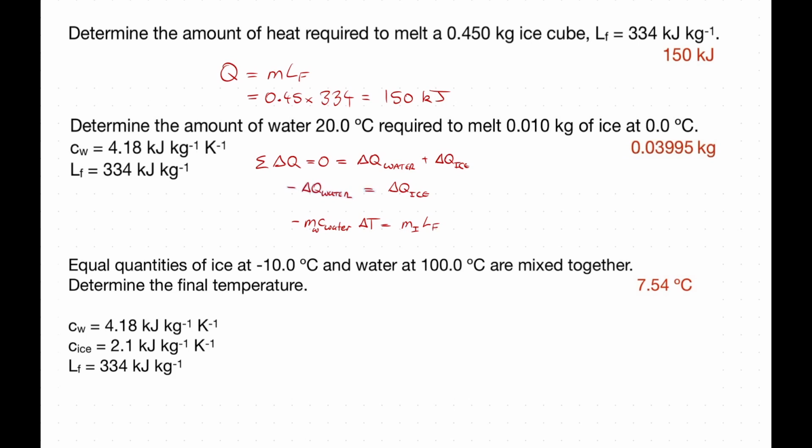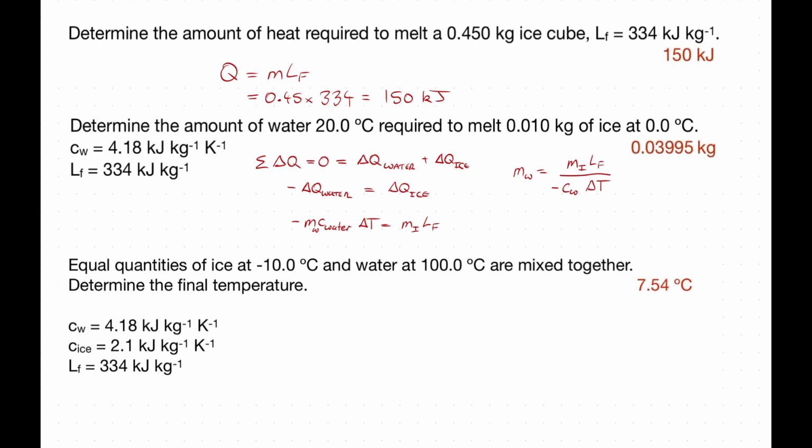We're determining the mass of water involved, so we're after the mass of water. So we can say that the mass of water is going to be equal to our mass of ice times the latent heat of fusion of ice, divided by our specific heat capacity of water times our change in temperature of the water, and minus there.